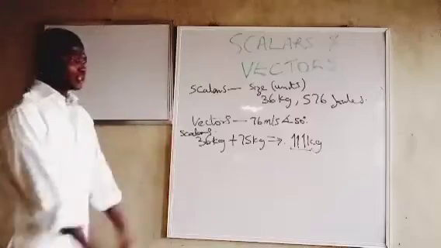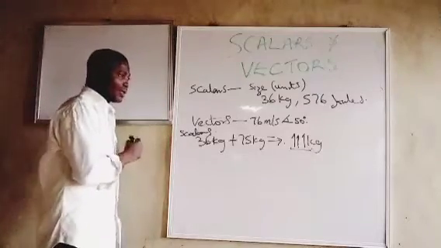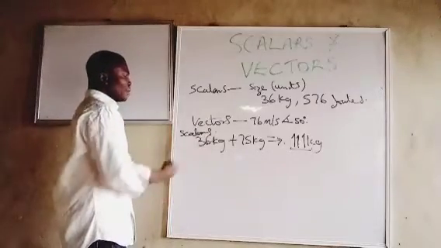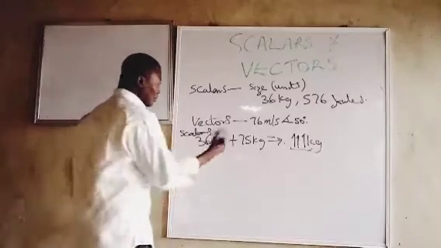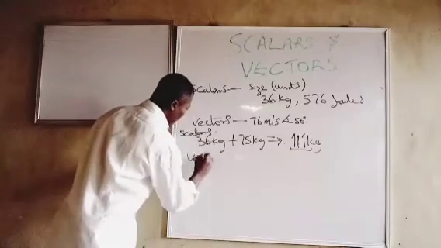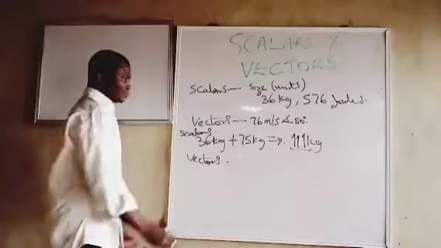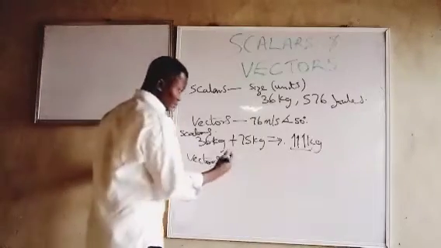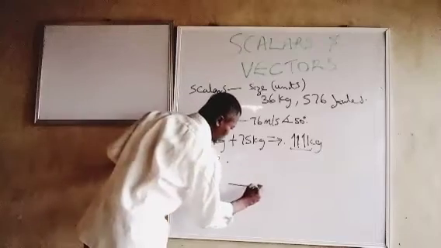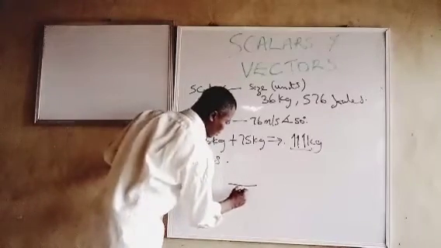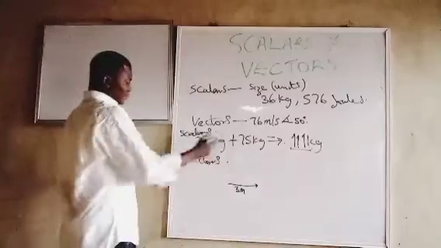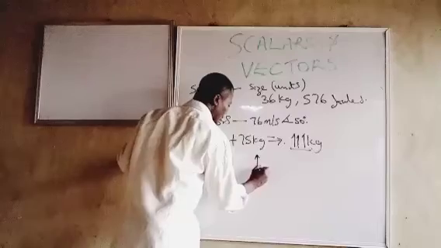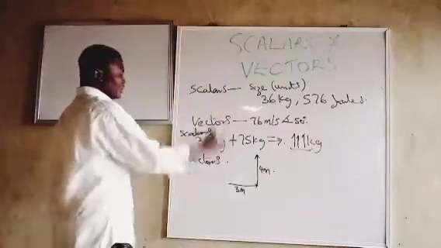Since I have to take the direction into consideration, the addition is in geometrical form. Let's see what I mean. Look at these vectors now. Someone moved 3 meters to the east, and then moved 4 meters to the north.